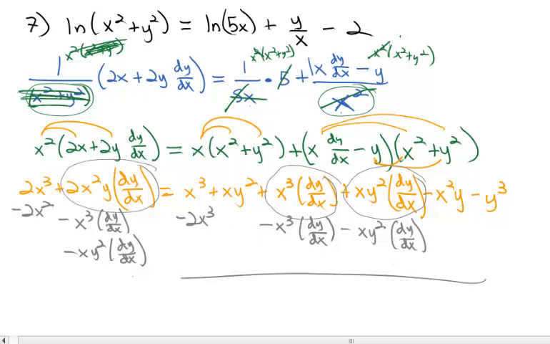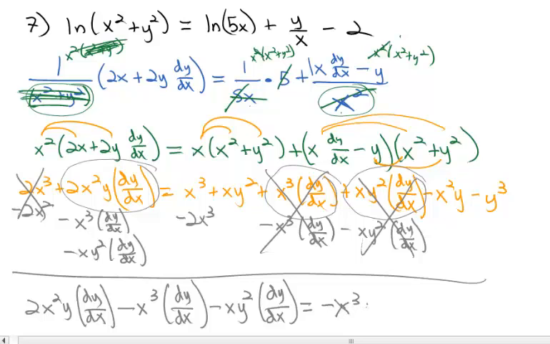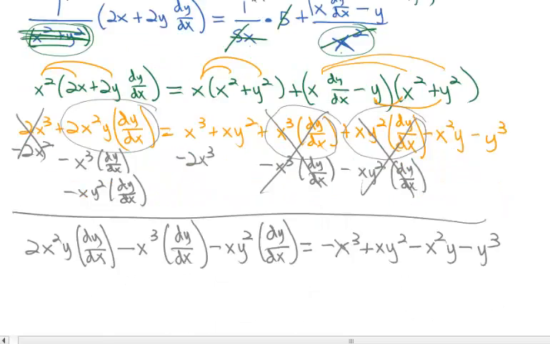Line up the like terms. We actually had one this time. And when we subtract, we now have 2x squared y dy dx minus x cubed dy dx minus xy squared dy dx equals, on the other side, 1 minus 2 is negative x cubed plus xy squared minus x squared y minus y cubed.